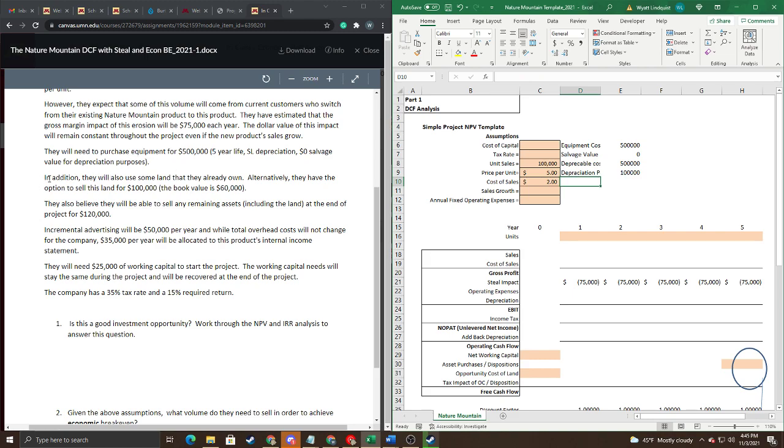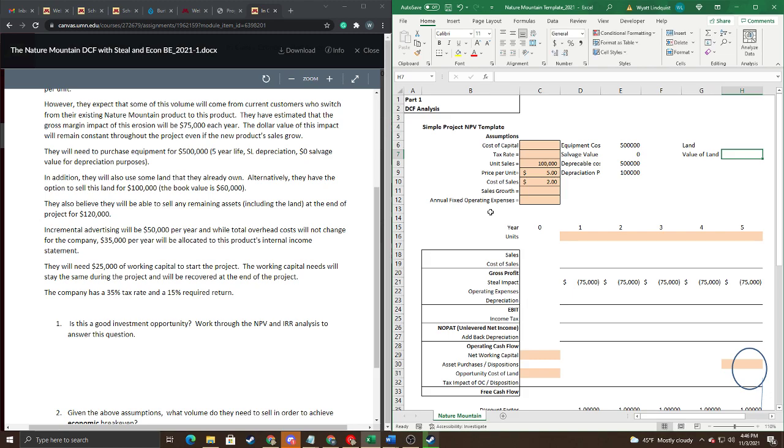So in addition, they will also use some land that they already own. So this land they already own, but there's some land assumptions that they had to make. So they could sell this land for $100,000. So the value of land, right?